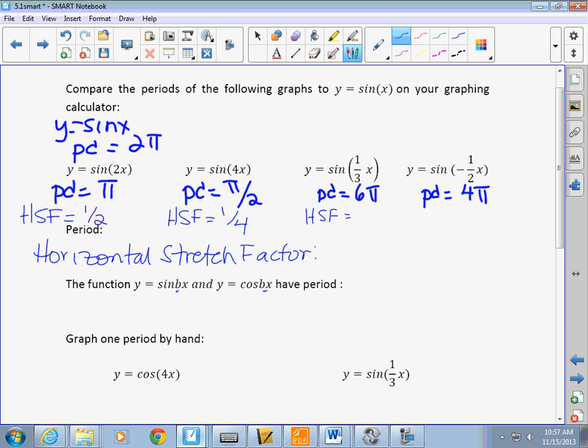So instead of a period of 2 pi, it was 3 times that, 6 pi. So for this one, forget about that negative for the moment. All we need to know is that negative is going to flip it.